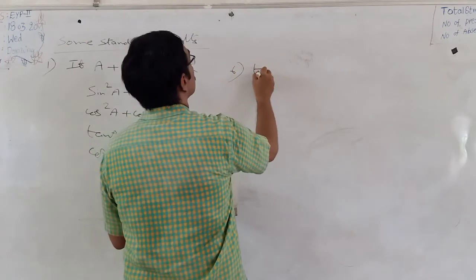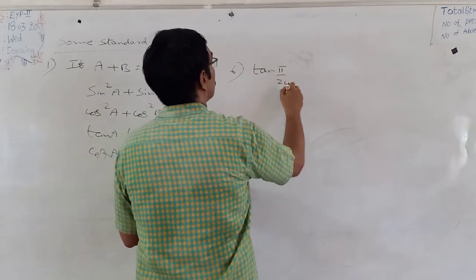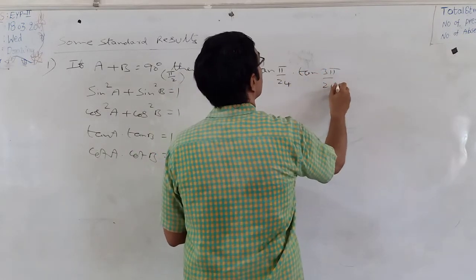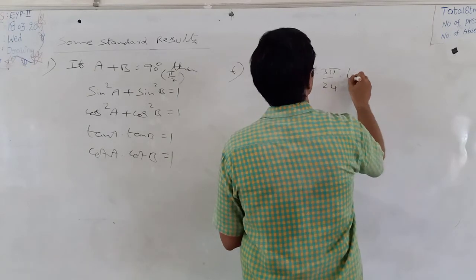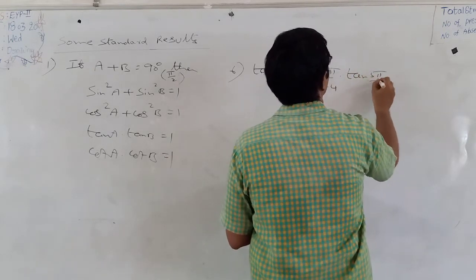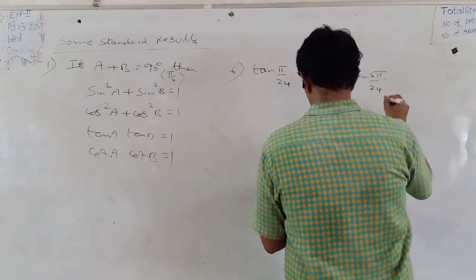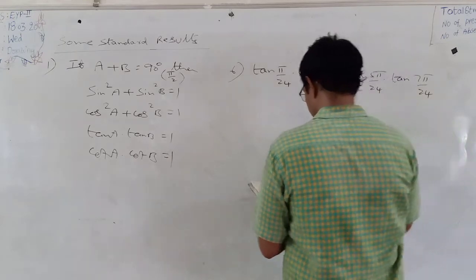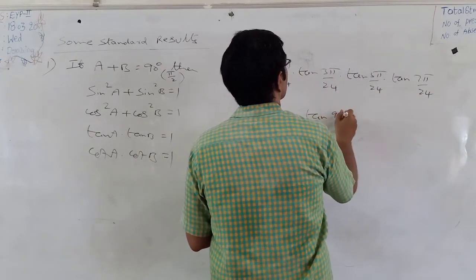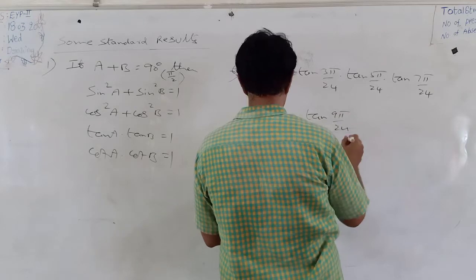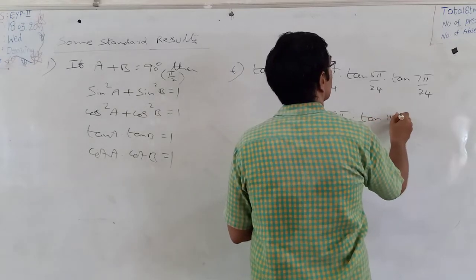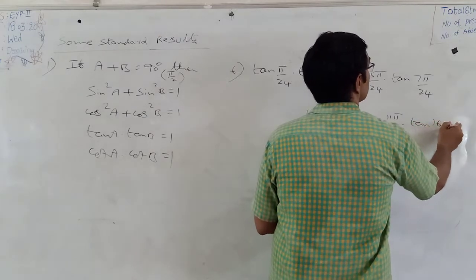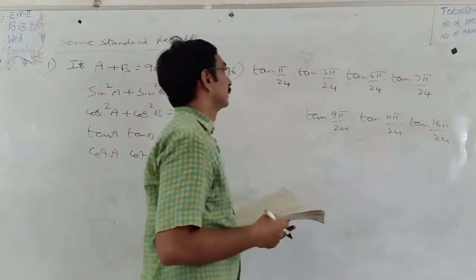Sixth one: tan pi by 24 into tan 3 pi by 24 into tan 5 pi by 24 into tan 7 pi by 24 into tan 9 pi by 24 into tan 11 pi by 24 into tan 16 pi by 24.